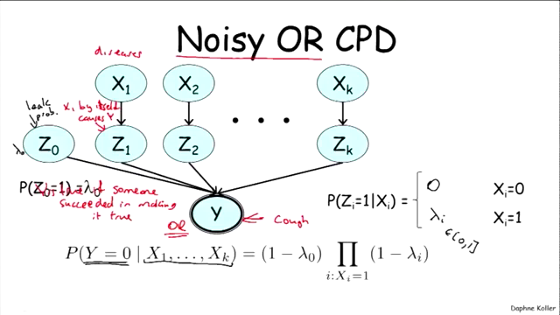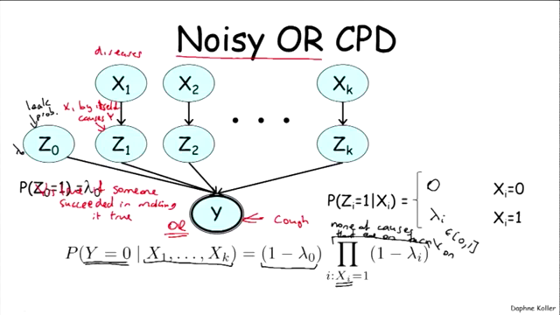So when does y fail to get turned on? First of all, when it doesn't get turned on by the leak, so that's 1 minus lambda 0, times the probability that none of the causes that are on, which are the xi's that are equal to 1, turn y on.